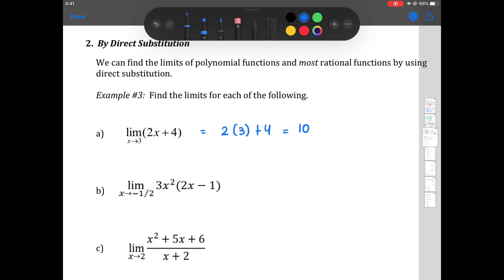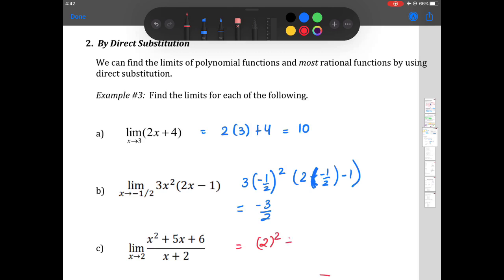As x approaches -1/2, you're going to substitute -1/2 into 2x, so 2 times -1/2 minus 1, right? Which, if you simplify, is -3/2.